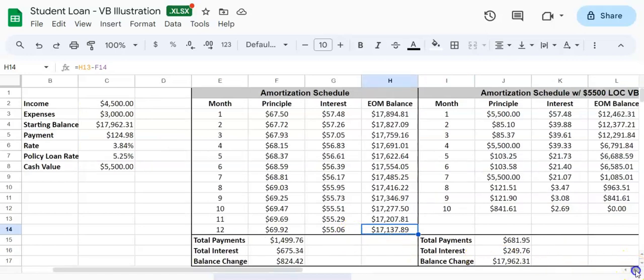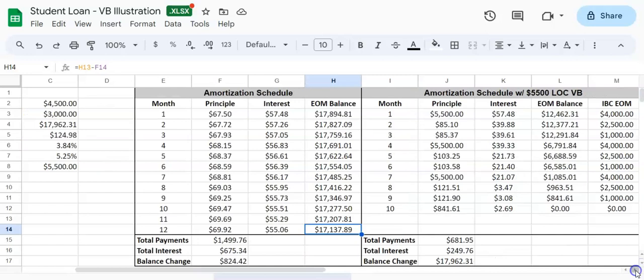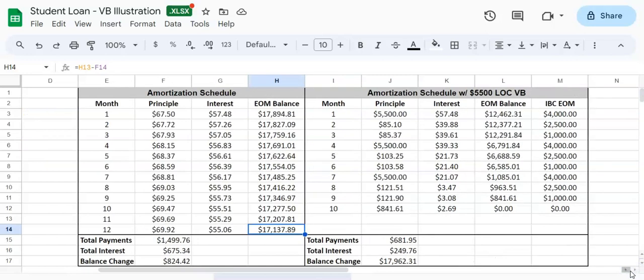So using the velocity banking strategy, if we pull $5,500 from that life insurance policy cash value and we make a chunk payment on that loan, it's going to drive that balance down to under $12,500. All right.